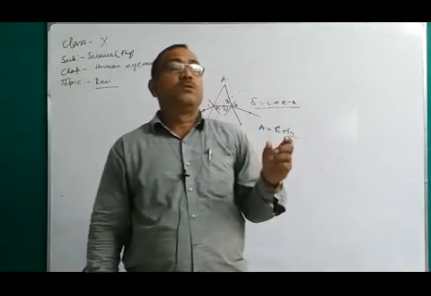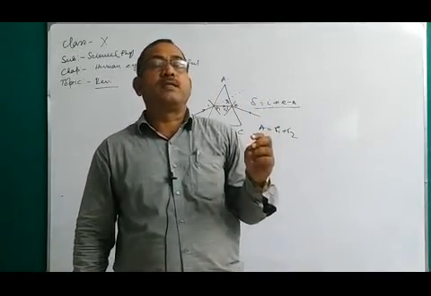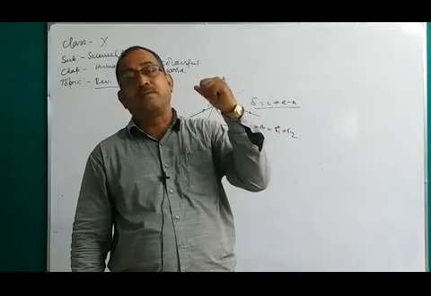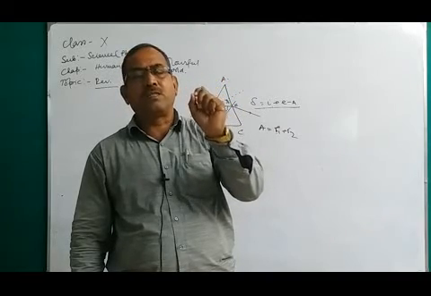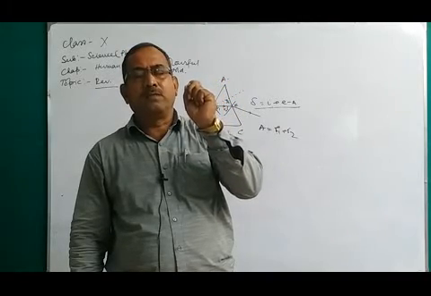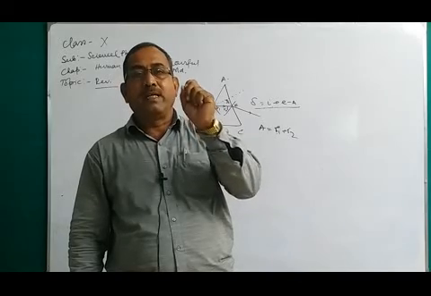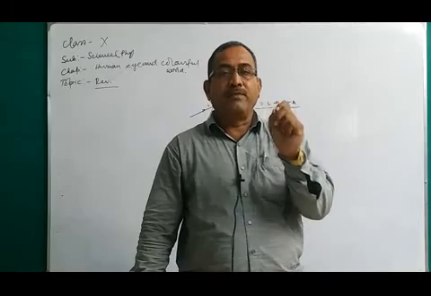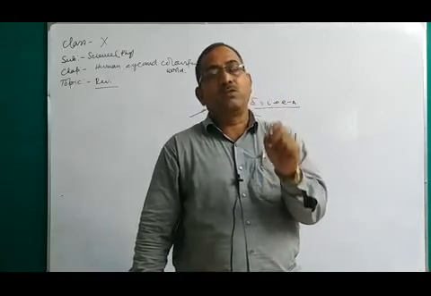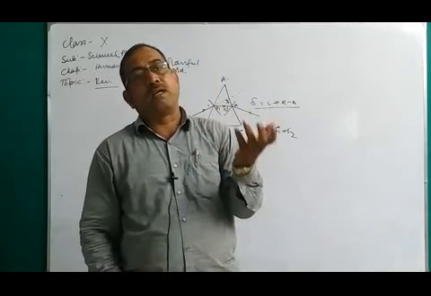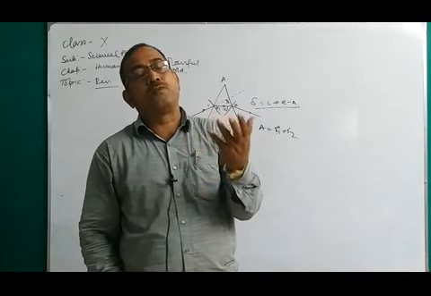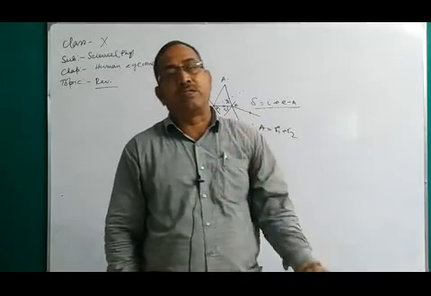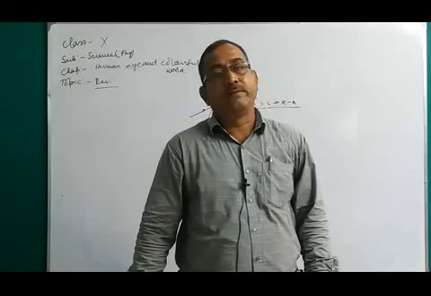So many reasoning questions are there. Why is the color of the sky blue? Due to the dust particles, the light will be scattered, and the wavelength is very less for the violet color, so the scattering power is maximum according to Rayleigh's relation. So from the far distance, the violet color appears as blue.